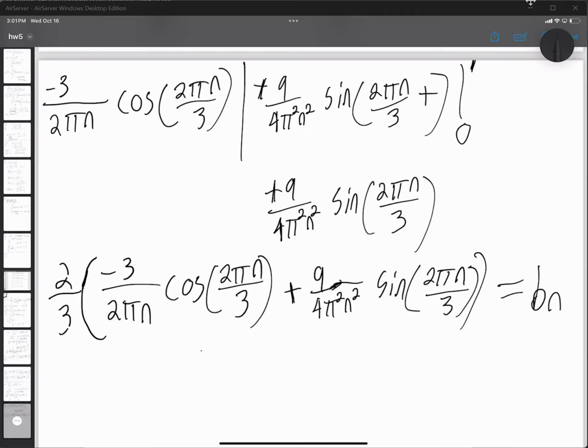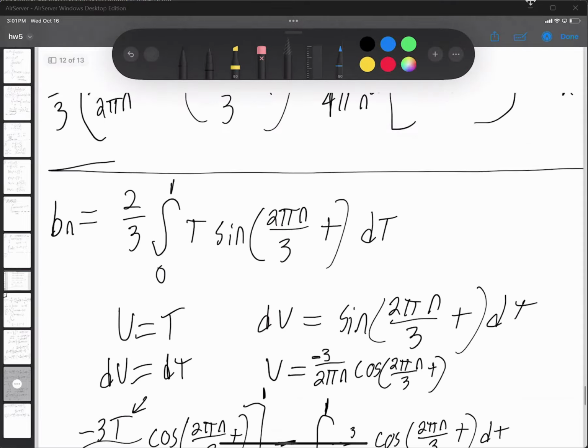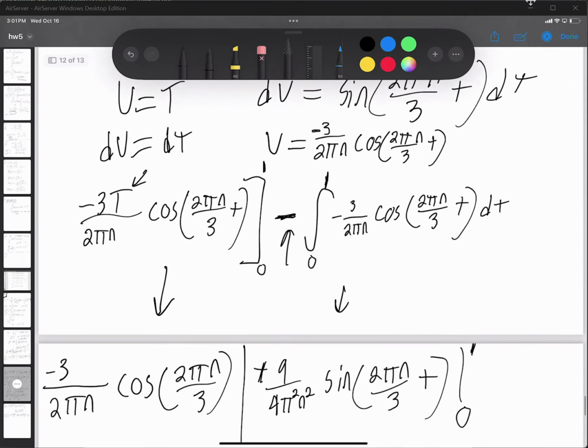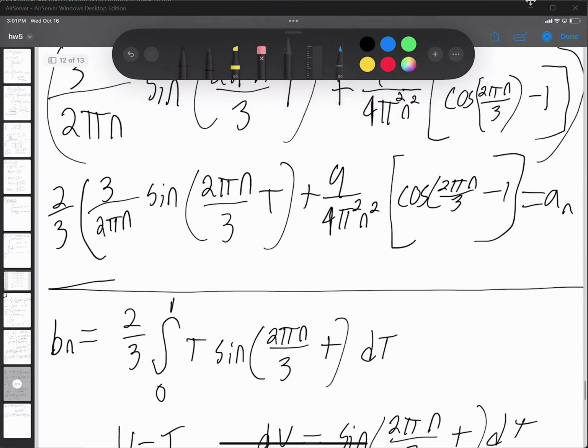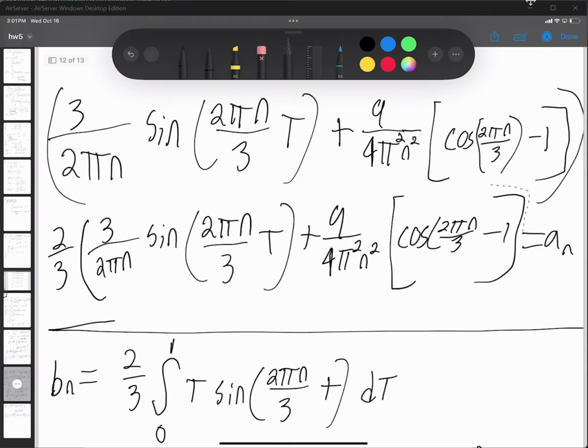So the final answer for this question is just going to be all of these summed up together. So you're going to take a of n, which is just 1/6, but where's b of n? This is a of n.